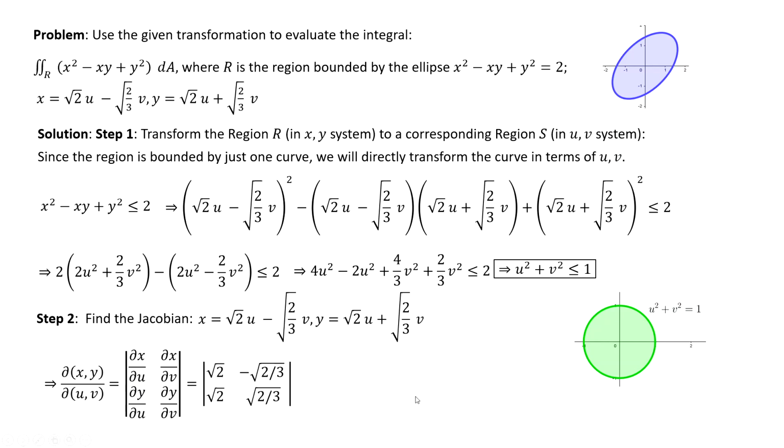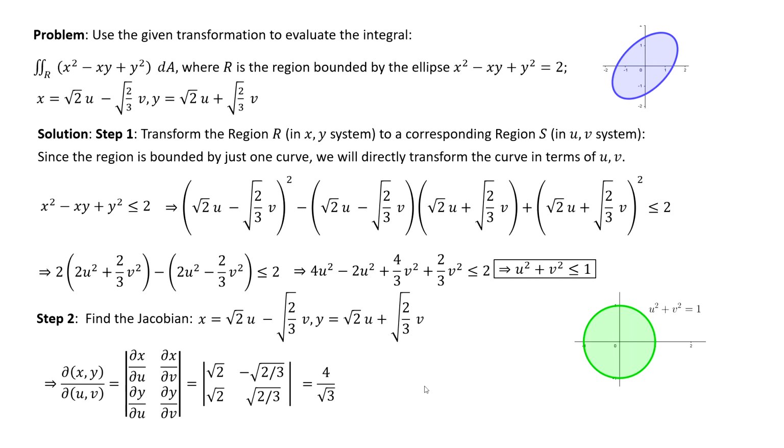I won't waste your time going through just simple differentiation. And then when we multiply and cross multiply minus this cross multiply, that turns out to be 4 over square root of 3. Mathematicians make a big deal about, oh, you can't have radicals in the denominator. Forget that. 4 over square root of 3. Cool. So that's the Jacobian.